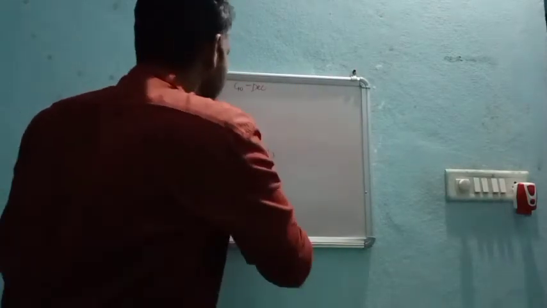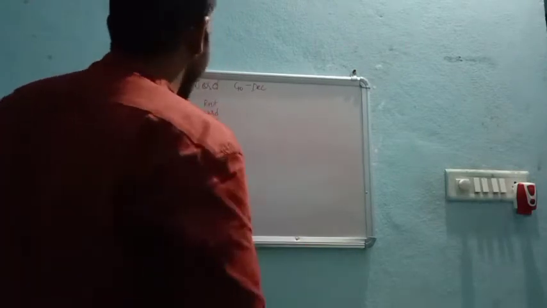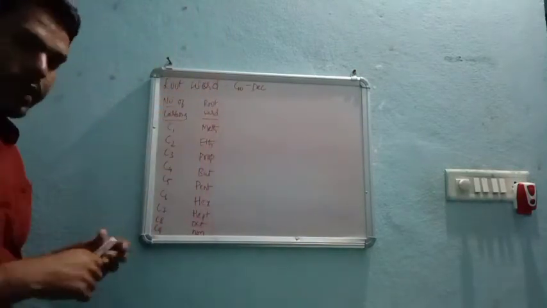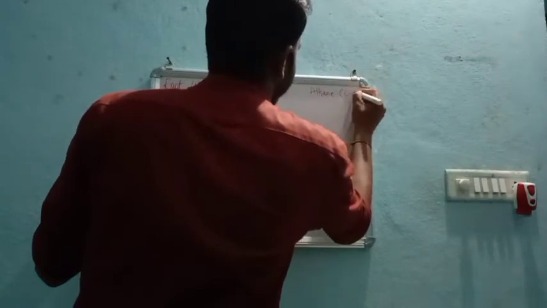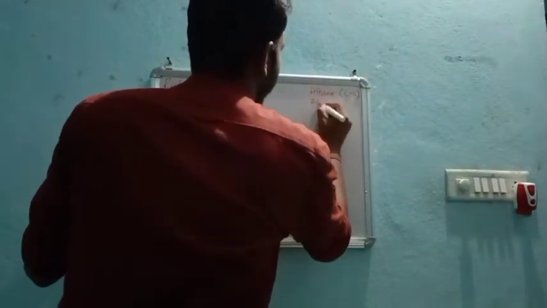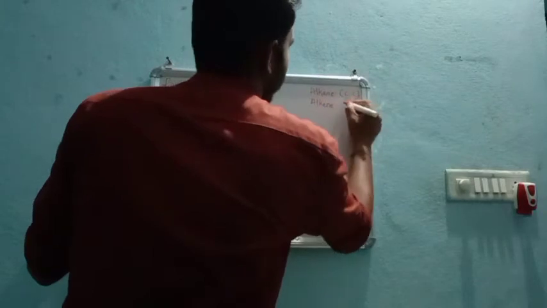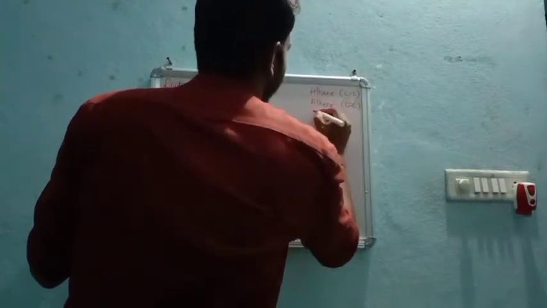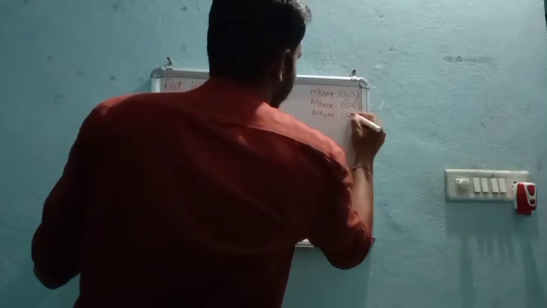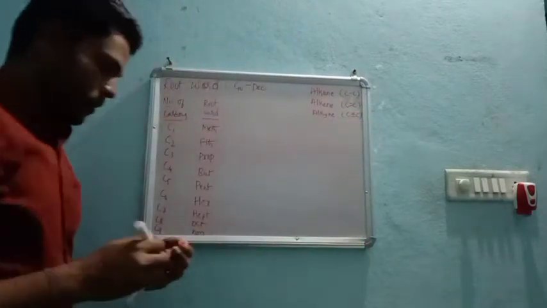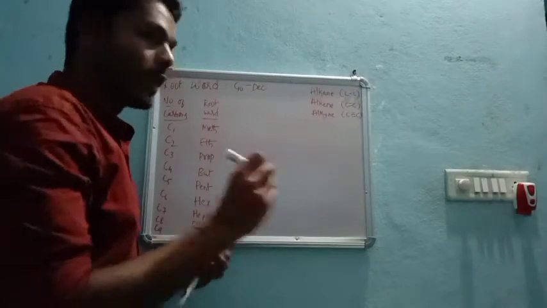We need to have an idea about these root words, and as I said before, alkane means carbon-carbon single bond, alkene means carbon-carbon double bond, and alkyne means carbon-carbon triple bond. Right? So here, very important.